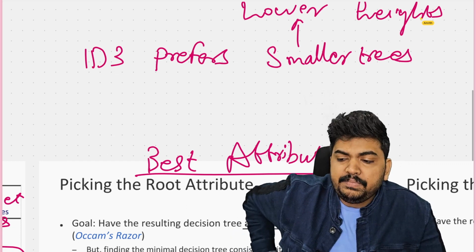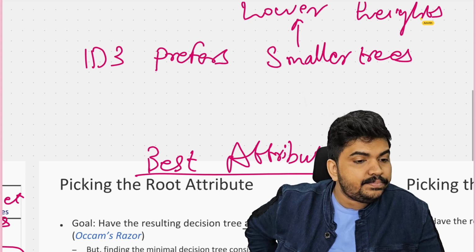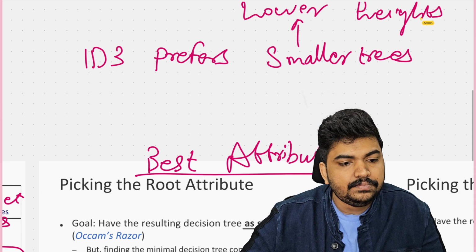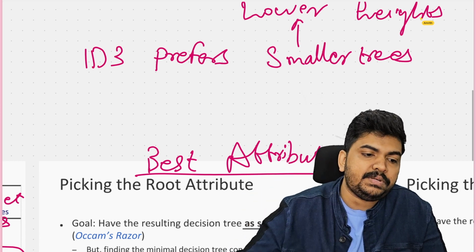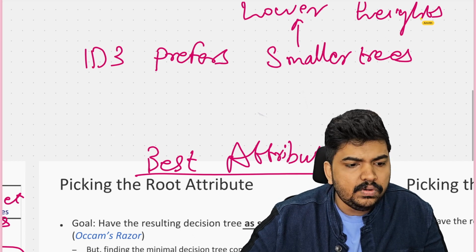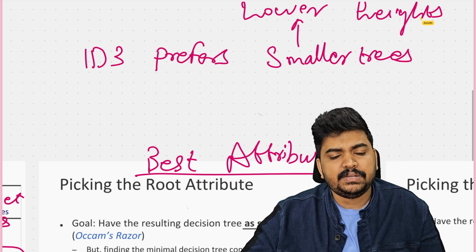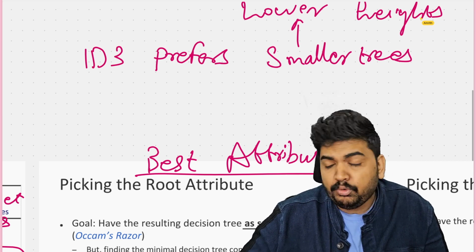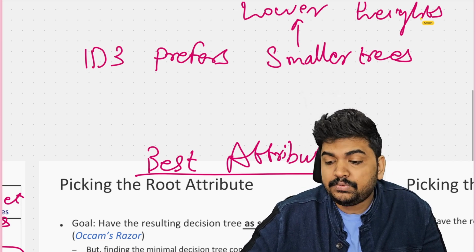The intuition behind this preference is Occam's razor, where simplicity is given precedence. Why is this philosophy of Occam's razor, which is so general, sensible for the creators of ID3 to choose?